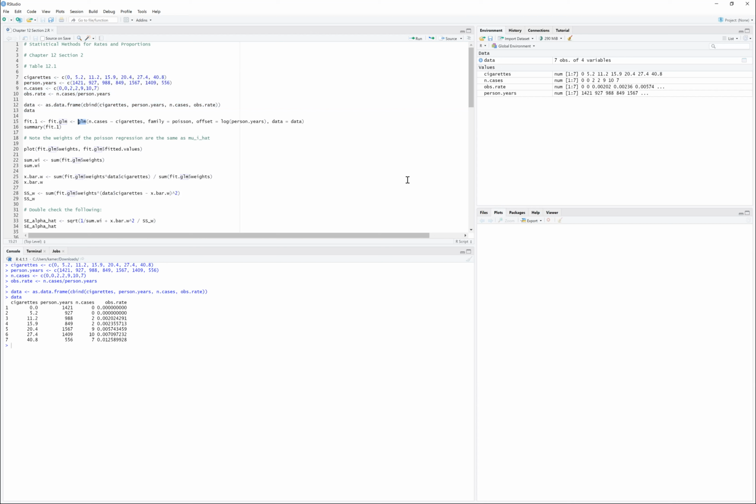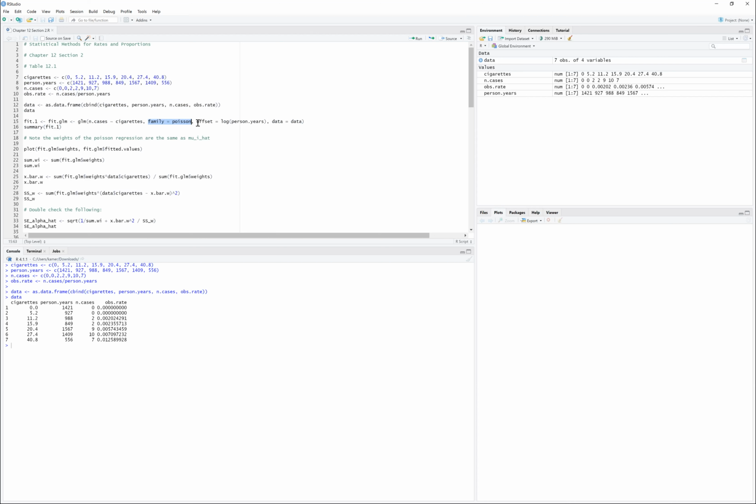And what we do to do this is we say that Y follows X. So the number of cases, because that's the count, is following the average number of cigarettes per day that a person consumed. The family is Poisson because the Y is a count in an observed amount of time.